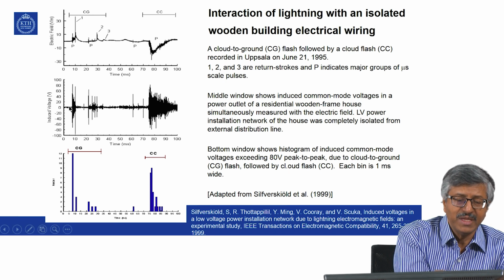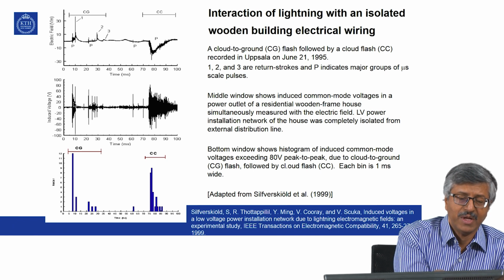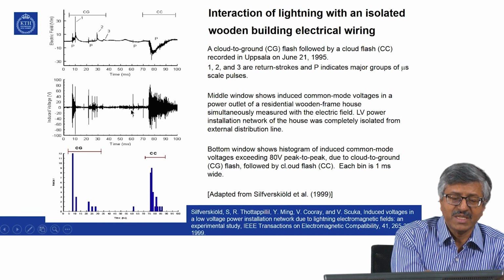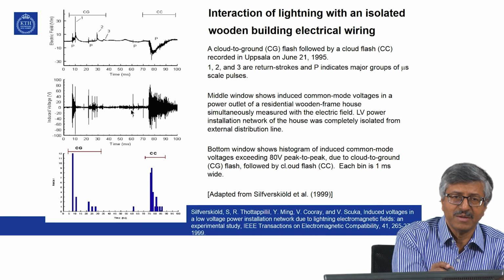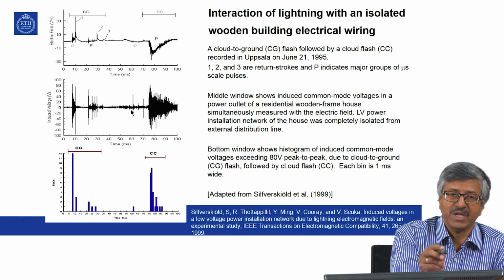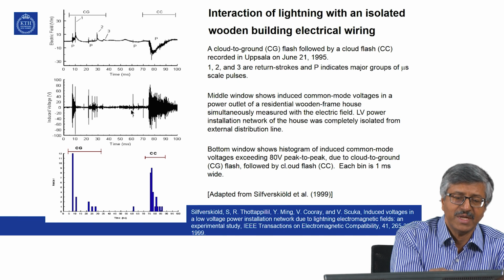Then already the building is responding to those events in the cloud. So, the structures can respond not only to the events that happens in the lightning flash channel to the ground, but even those events that happens within the cloud even before the channel is formed.